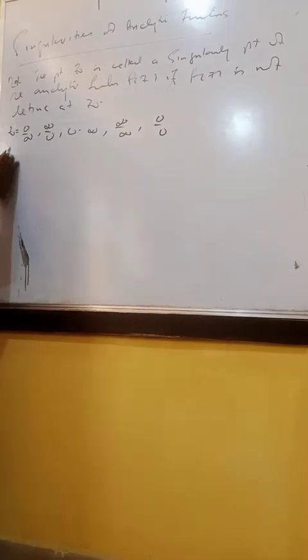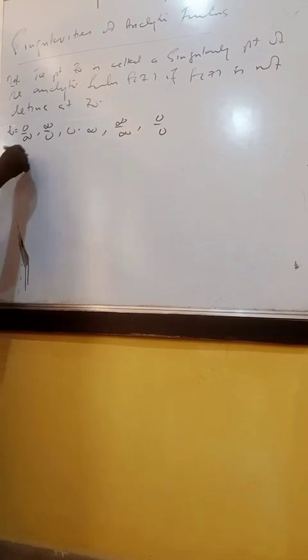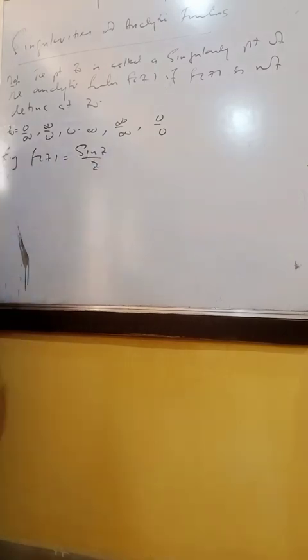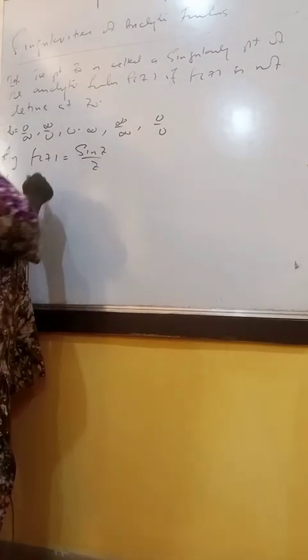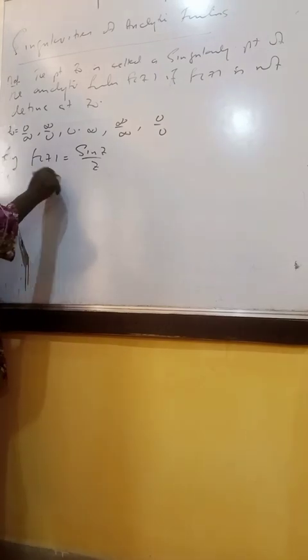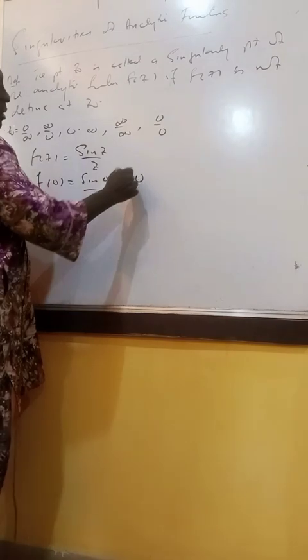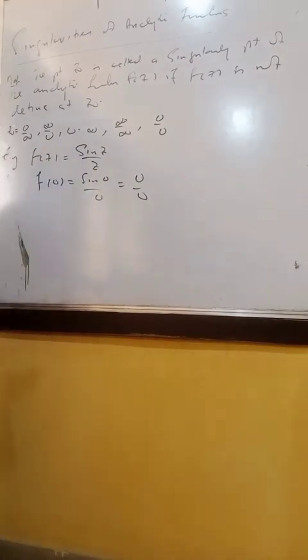For example, if your f of z is equal to sine z over z, is that okay? f at 0 is equal to sine 0 all over 0, which equals 0 over 0, which is undefined.